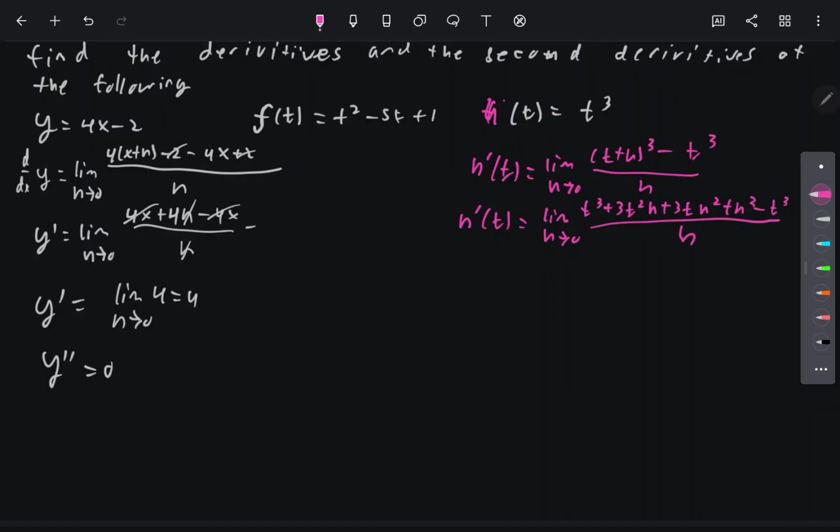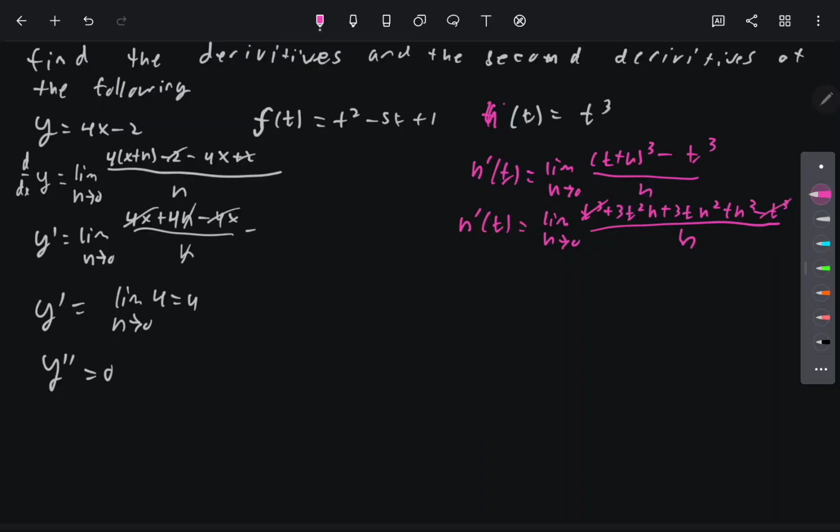Well, this t cubed and this t cubed cancel. So we're now left with h prime of t equal to the limit as h approaches 0 of h over h, because I'm factoring out an h, times 3t squared plus 3th plus h squared.